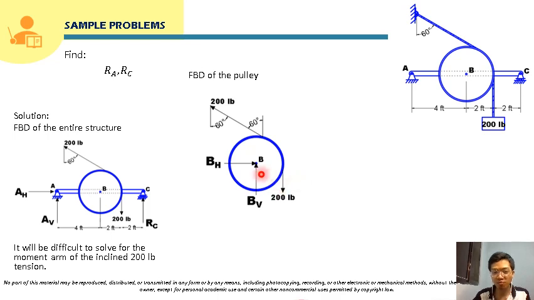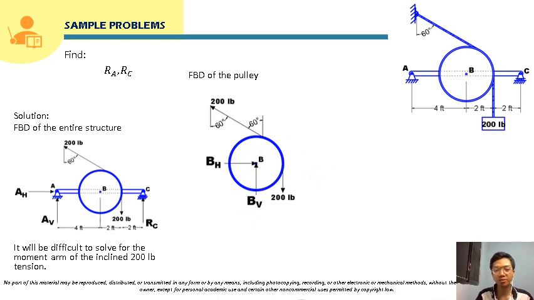For BV, we are not so sure because we have 200 pounds here and 200 pounds there, so we don't know which will be the greater force. But in this case, we will assume that BV is upward.